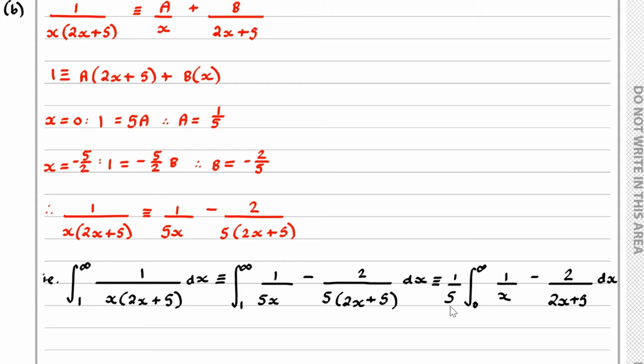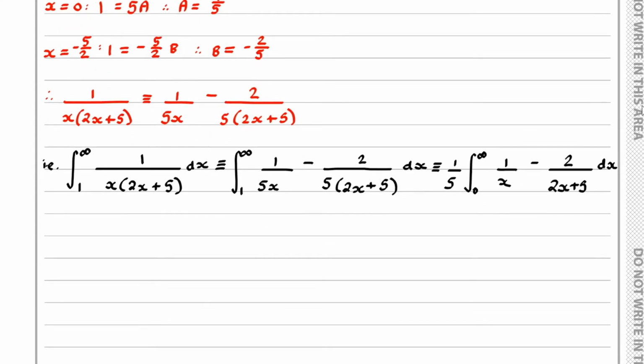And for us to evaluate this with these limits here, what we would have to do is replace the infinity with t and then take the limit as t tends towards infinity.